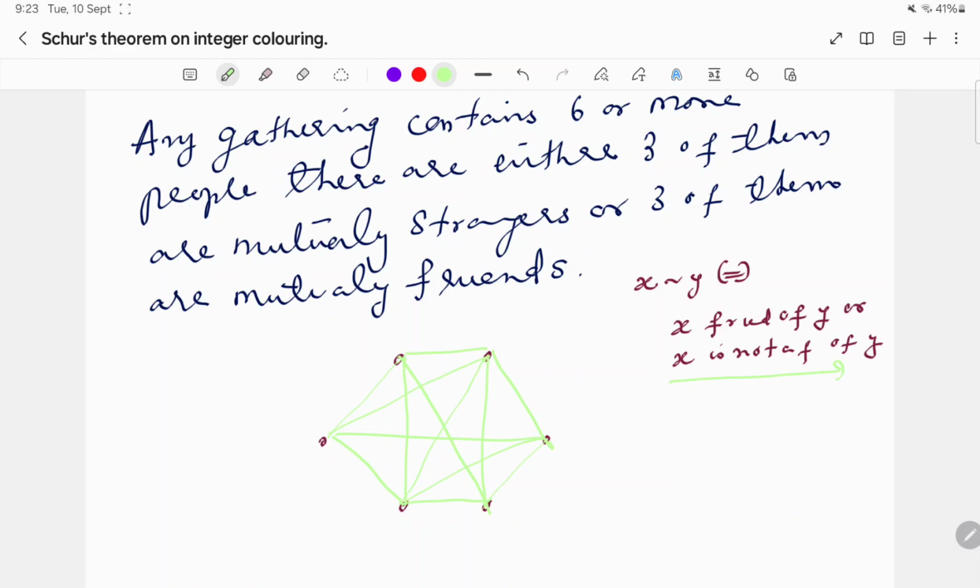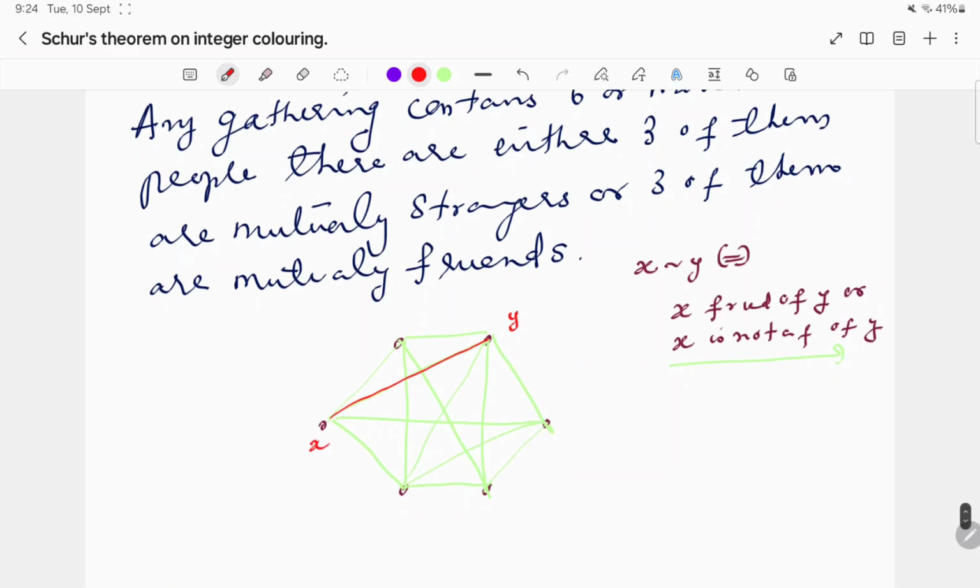Now the problem is I have an OR condition here. If x is a friend of y, I denote this relation by a red color. That means x and y are friends. If they are not friends, I denote it by another color.